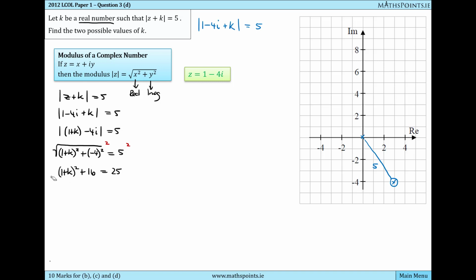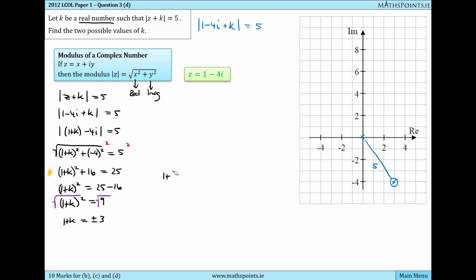There's 2 methods to finish out this question, and we'll look at both of them. So the first method involves removing the 16 from the left hand side by subtracting 16 from both sides. And we get that (1 plus k) squared is equal to 25 minus 16, which is 9. We're going to take the square root of both sides to give us 1 plus k is equal to plus or minus 3.